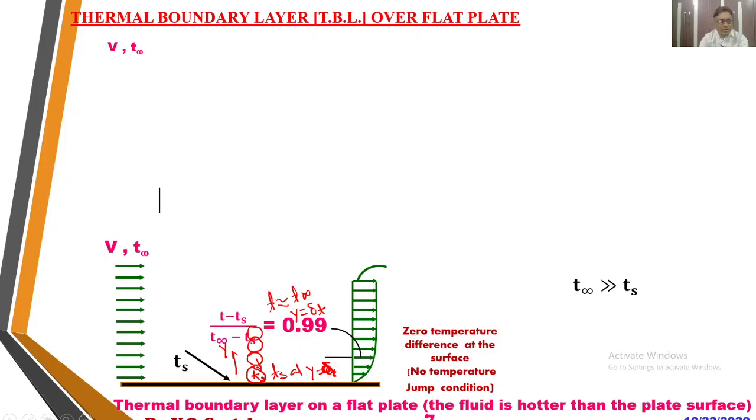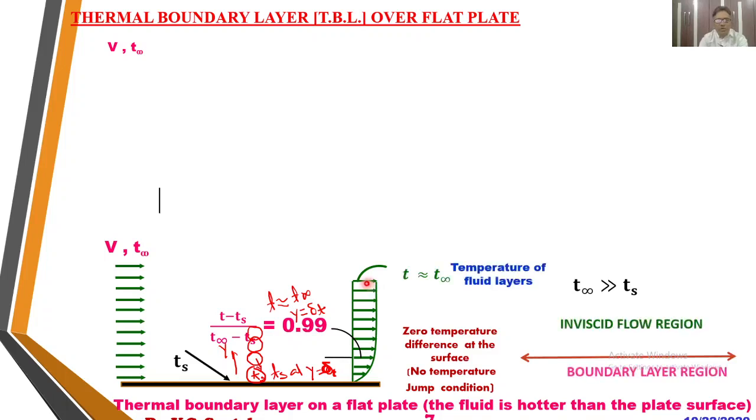Beyond this point, the temperature of the fluid will be almost equal to the free stream temperature. Also, this thermal boundary layer thickness divides the temperature field in two regions. The region below the thermal boundary layer is where a temperature gradient exists, and the region above is where temperature is equal to the free stream temperature T infinity.